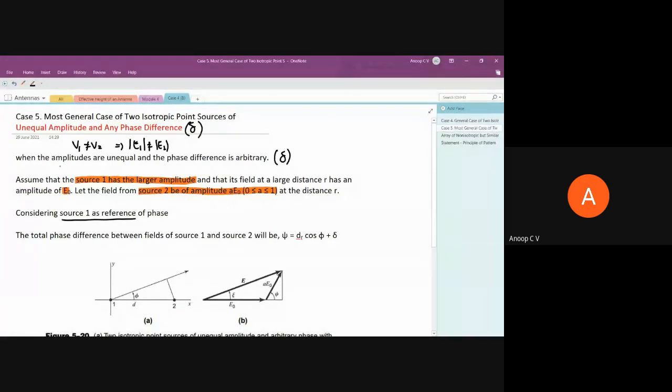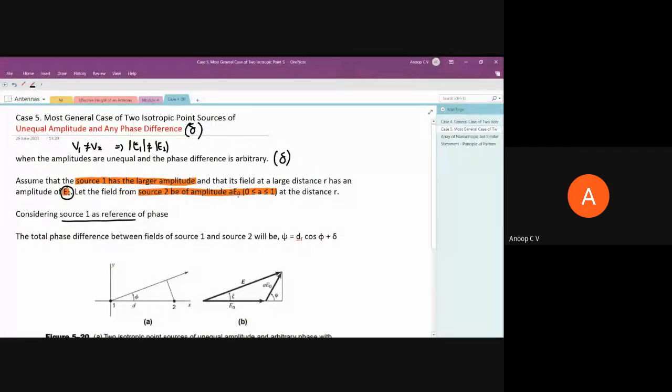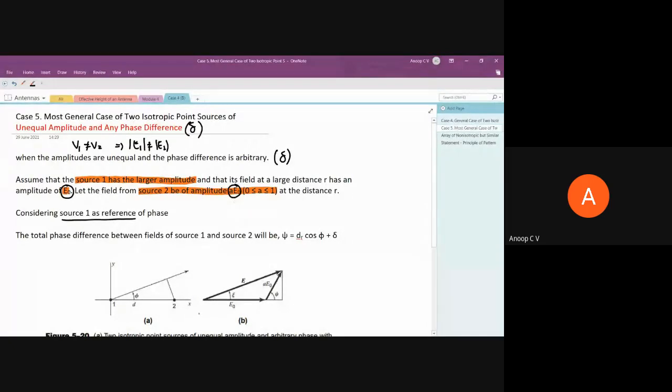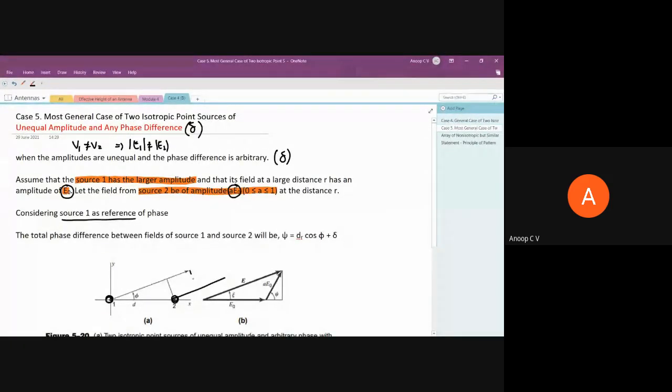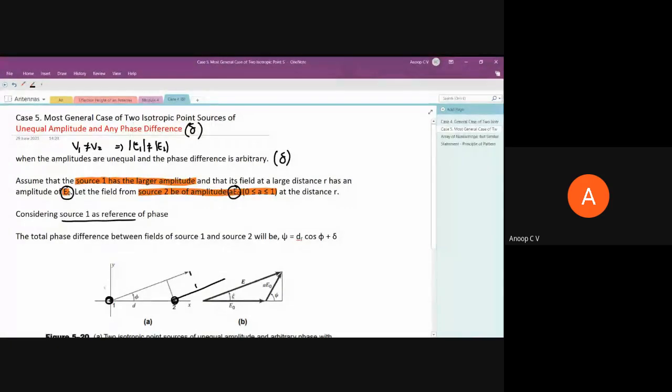I'm assuming source 1 has amplitude E naught and source 2 has amplitude A E naught. I'm keeping source 1 at the origin and source 2 at a distance d, and for a faraway point, the path difference will be the same as d cos phi.